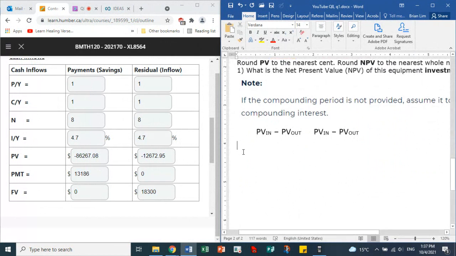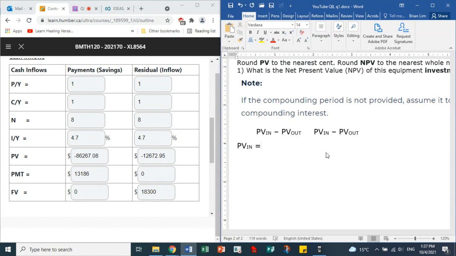So PV in, let's go now and go with the PV in. So the PV in is giving us what? Okay, present value. And we want the present value and we want it in. So we go here and then we put in and then we go out of there.